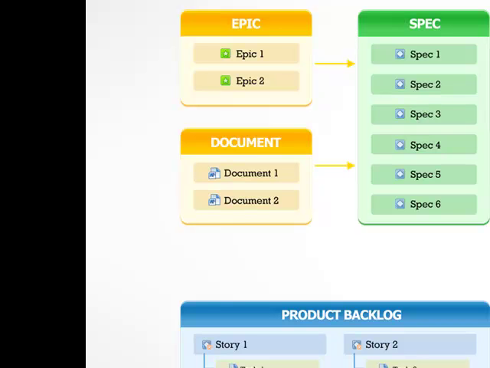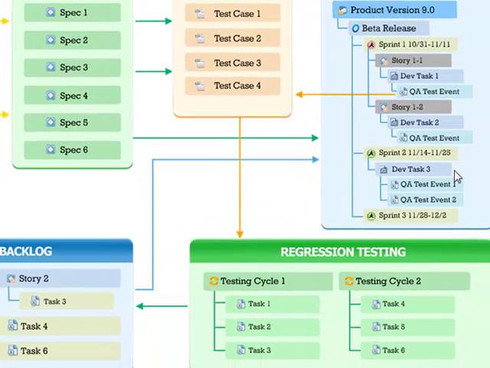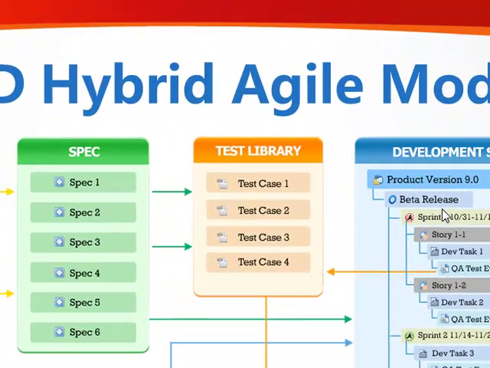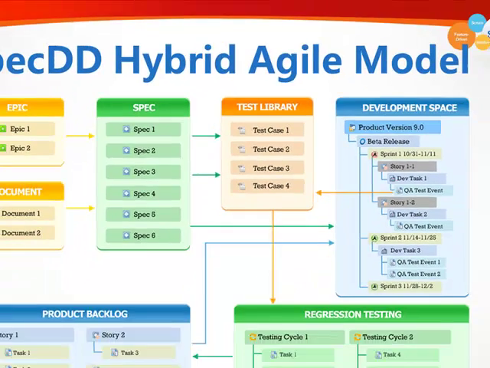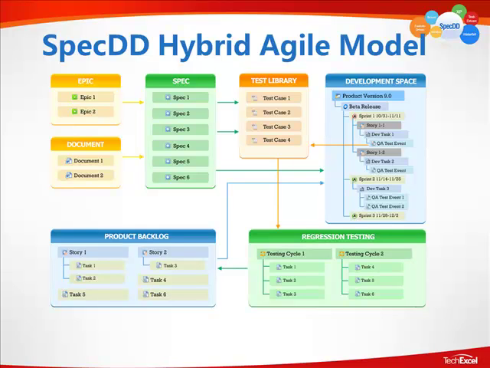Okay. We have our development space with our multiple sprints. So you have your sprints here running about 2 weeks, it seems. And with each sprint, you of course have your stories and your tasks. Now, a subtle difference, you'll notice that our story labels here are story 1-1 and story 1-2.